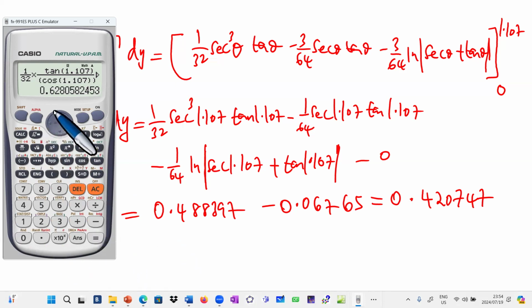So it will be 0.628058. Right, so that's what you have.